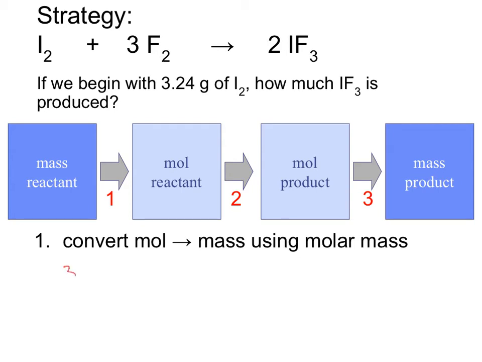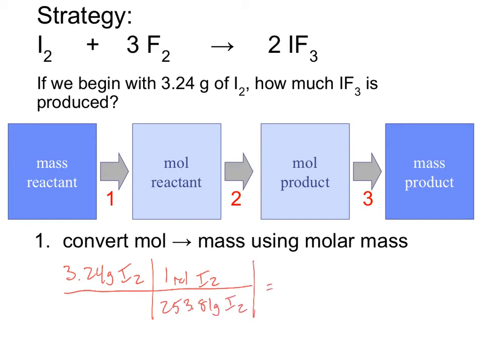Our starting information here is our 3.24 grams of I2, and we want to convert that to moles of I2 using our molar mass. The molar mass of iodine we find from the periodic table.